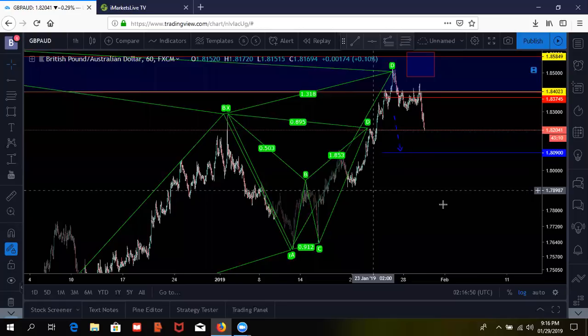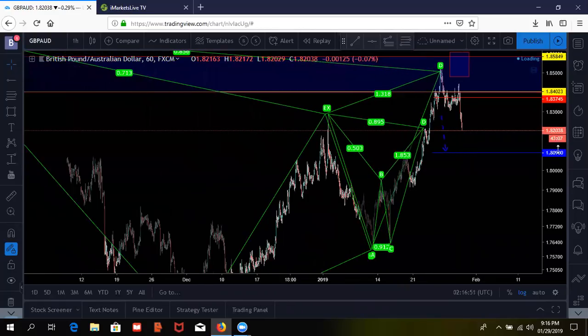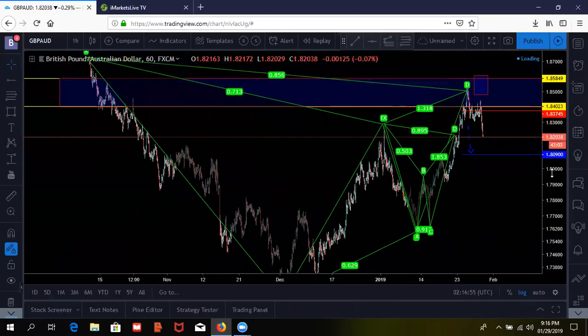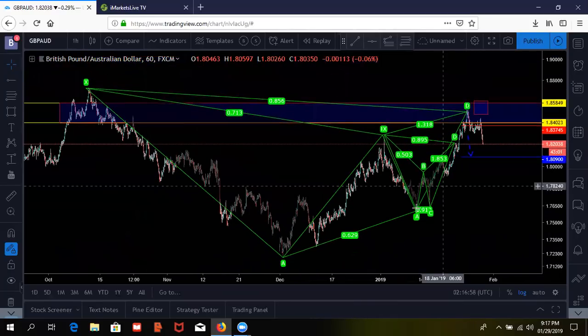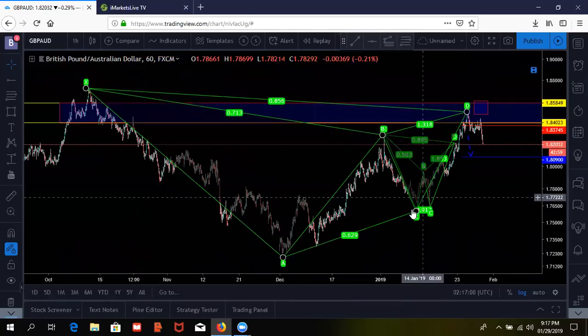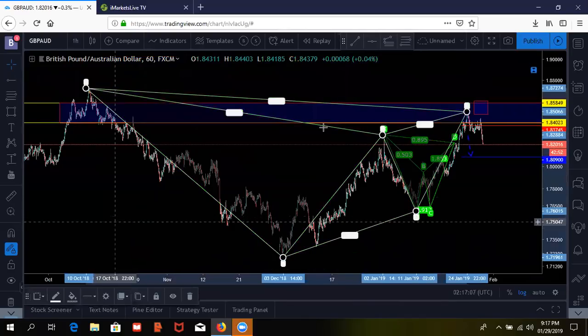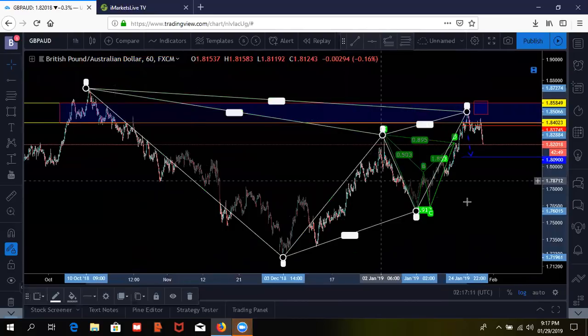And on the higher time frame, I had a much bigger harmonic pattern, and let me change this color real quick for you guys. Let's go white. So you see the harmonic pattern in white. This right here is a Gartley pattern.